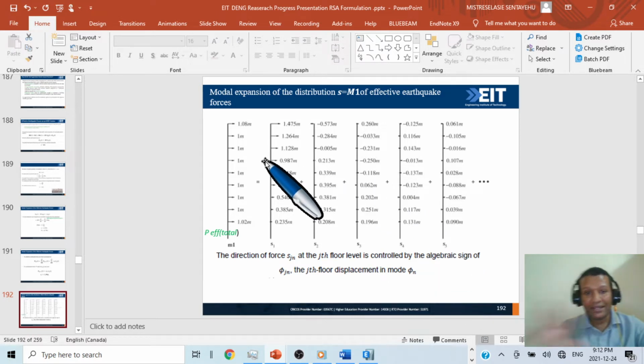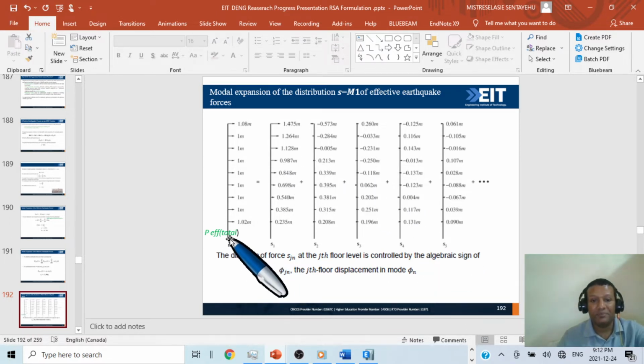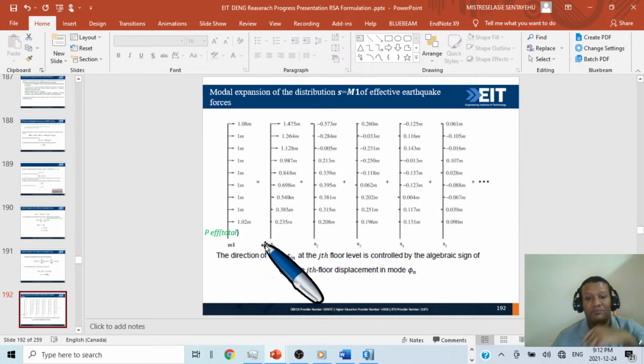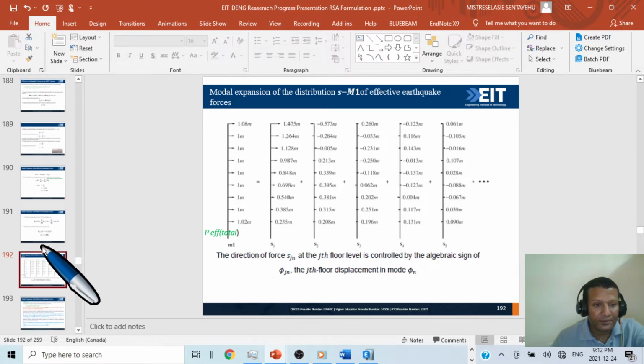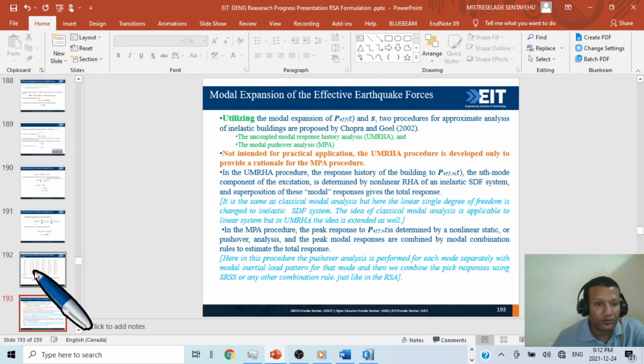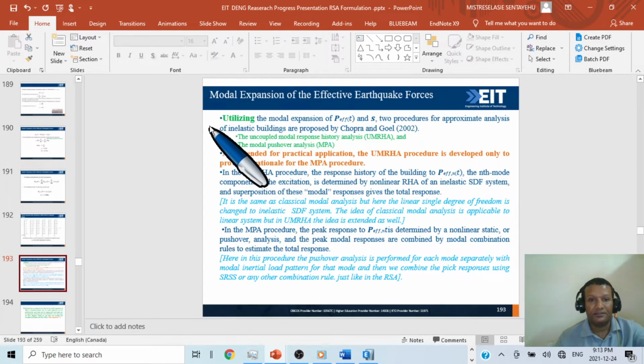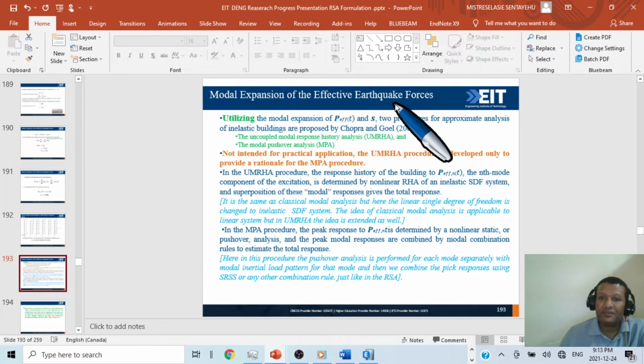So the main idea is this. P effective total has contributions from different modes, and we have a spatial distribution S. So this S1 has the P effective mode 1, P effective mode 2, and so on. This is the underlying idea we have to know to generate this modal expansion of the effective earthquake force.